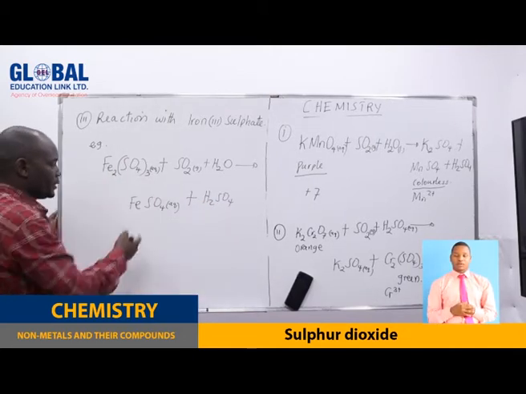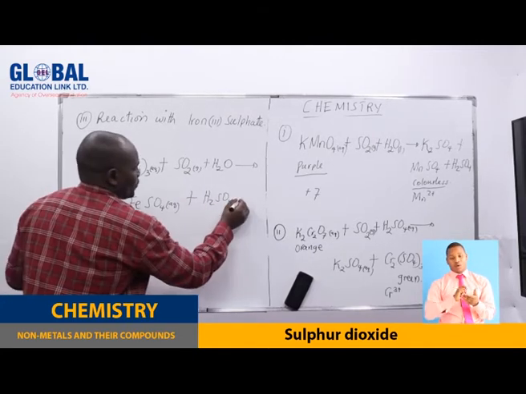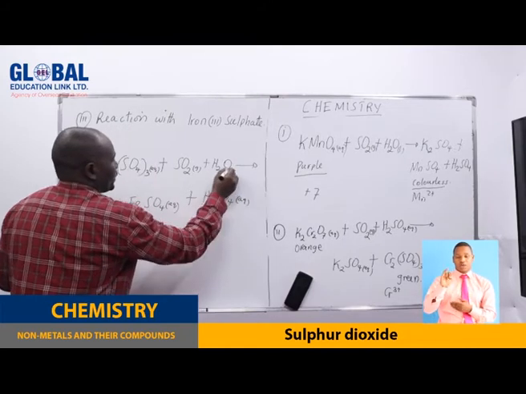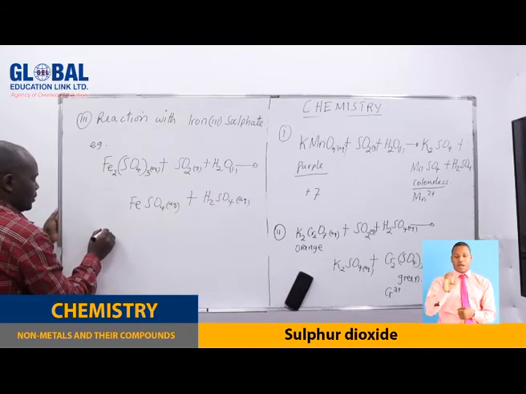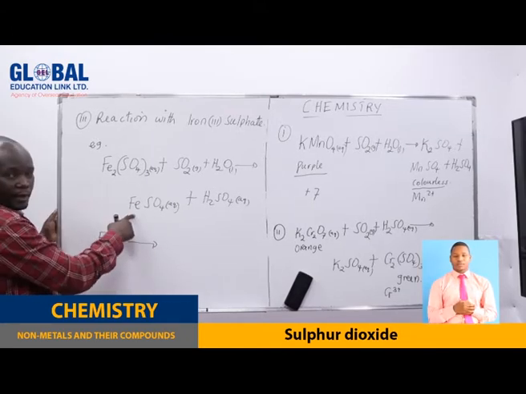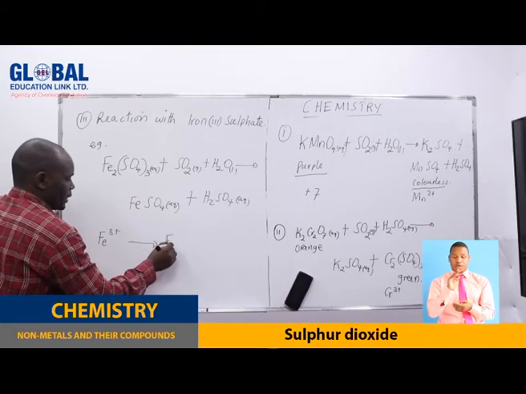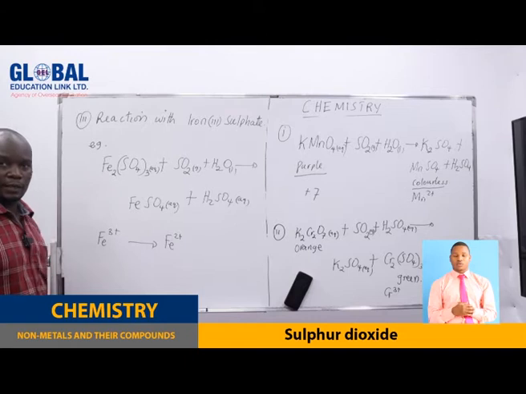So this is the reaction behind. Now, if we write the ionic equation, you'll end up getting iron 3 reduced to iron 2. So this is iron 2. And also there is a change in color here.